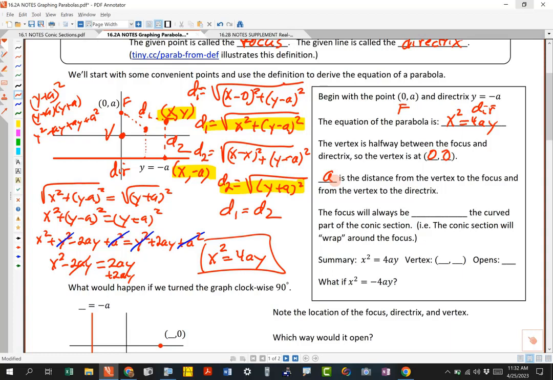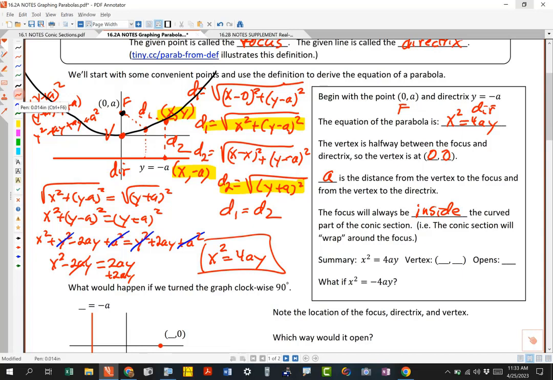The focus, and this is true of all conic sections, will always be inside the curved part of the conic section. So we get a shape that looks something like this, and the focus is right there. It's on the inside of the curved part, and the conic section wraps around the focus.